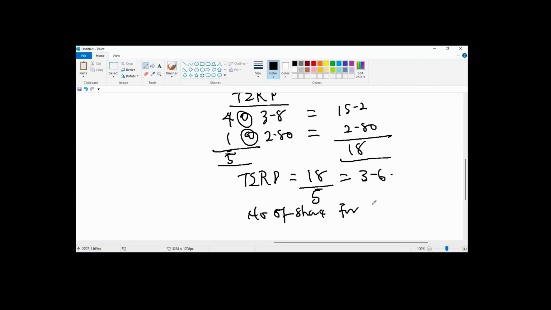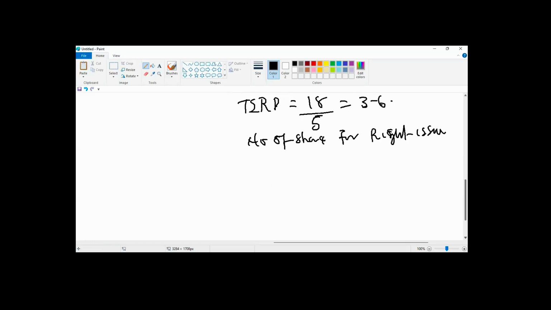for the rights issue. What is the number of shares for the rights issue? One over 4 times the opening balance of 72 million.